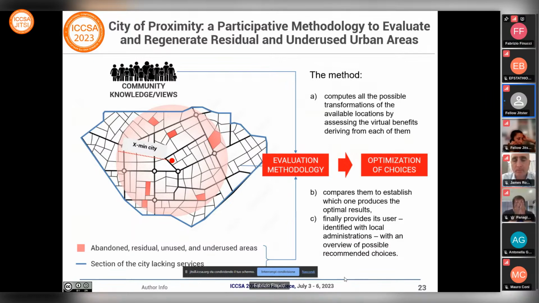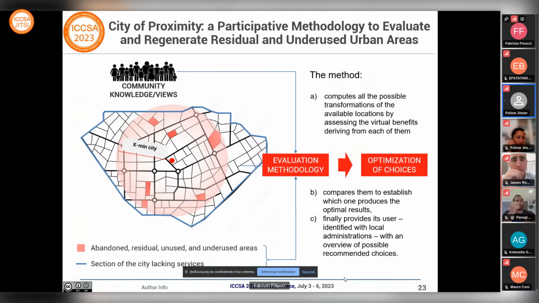We can see here that the method that we are going to validate, in order to optimize the choices and individuate the most beneficial solutions within a set to improve the services in a section of a city, basically consists of these 3 steps.